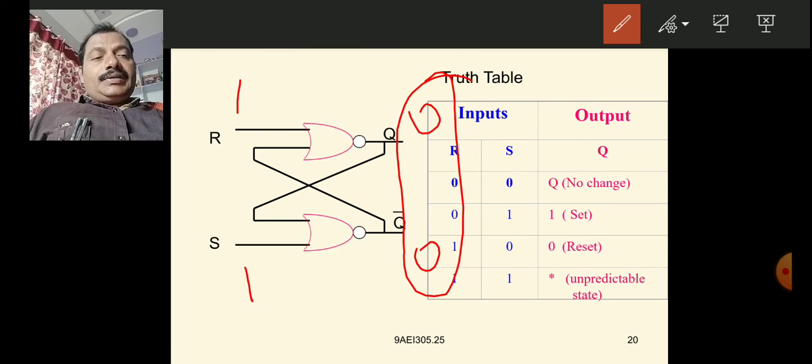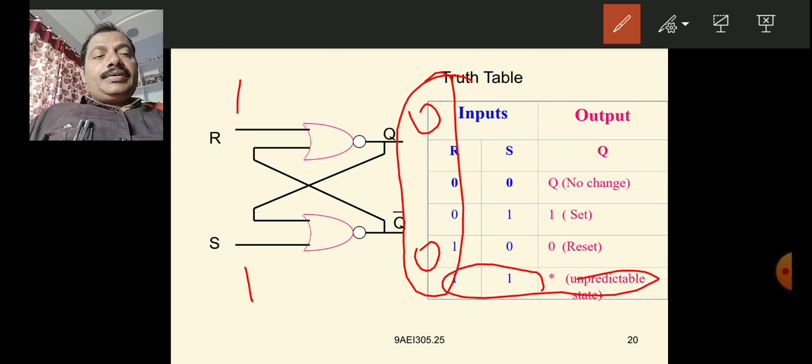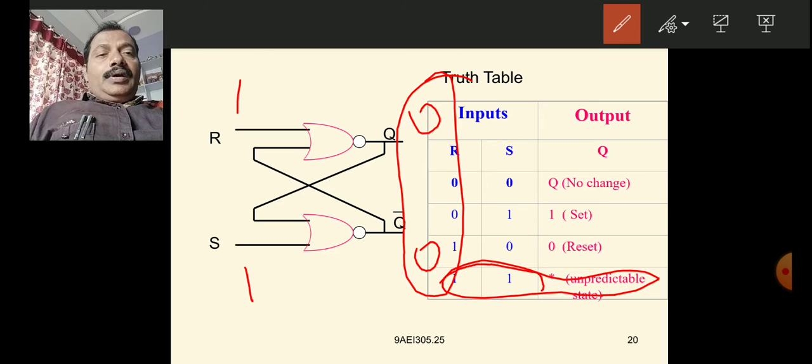That is the condition. Hence, it is called an unpredictable state, prohibited state, undefined state of the NOR latch. In the NAND latch, 0 0 was prohibited and undefined. But in the NOR latch, 1 1 is the prohibited and undefined state.